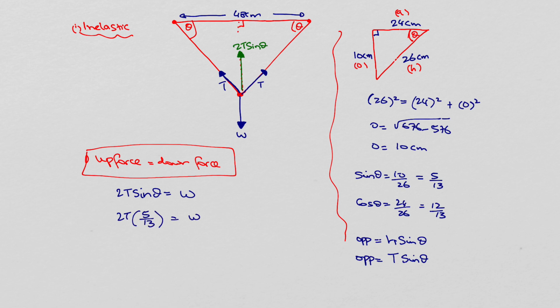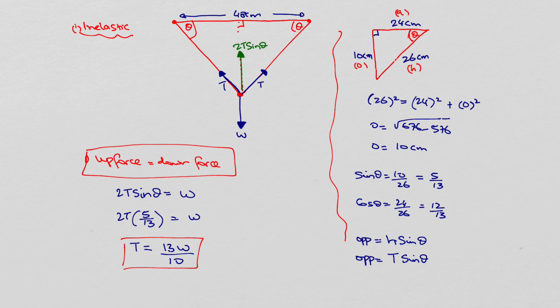And therefore I can get tension in terms of W. So T must equal 13W over 10. So that's the tension in the inelastic strings in terms of W.